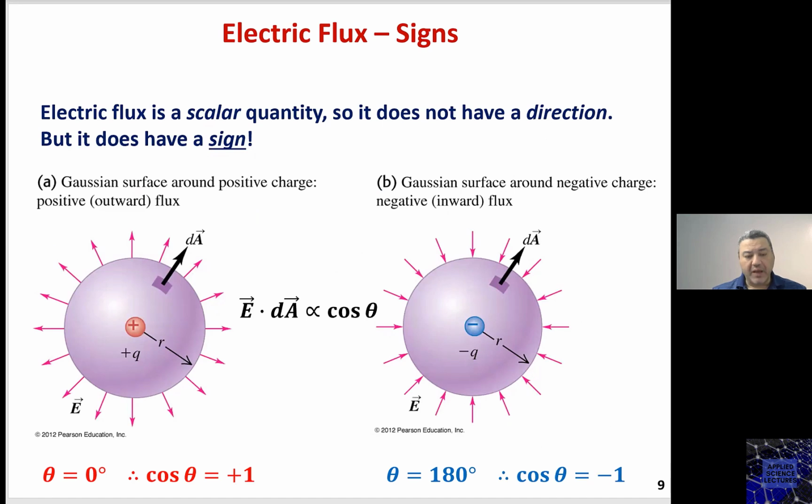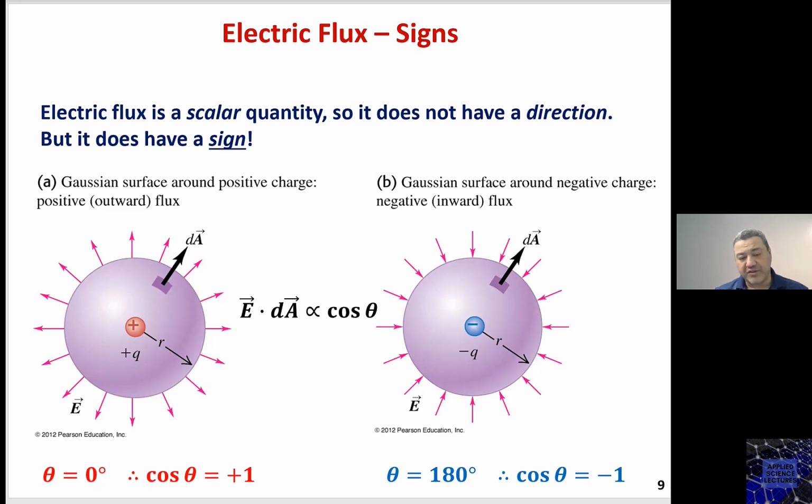Now, it depends on the value of this charge. This flux can be either positive or negative. If the charge inside this closed surface is positive, then it makes sense that the flux will be positive. Why? Because the electric field will be pointing outward, and the area vector is also pointing outward, as you can see. So the angle theta would be 0, and r hat dot r hat is going to give me 1.